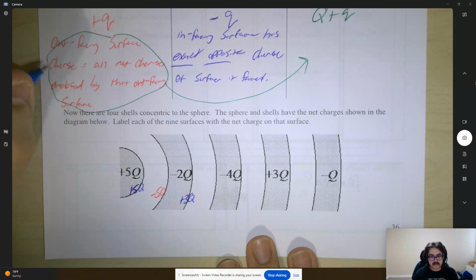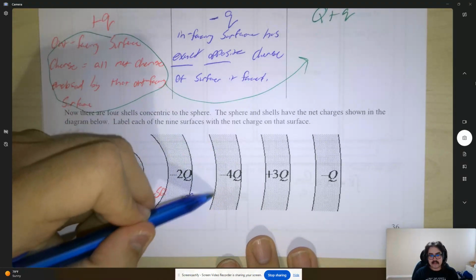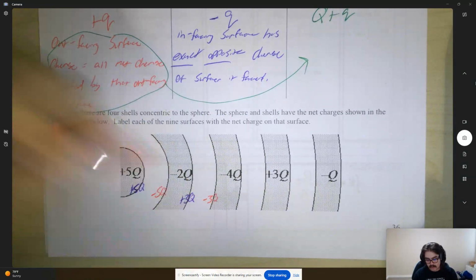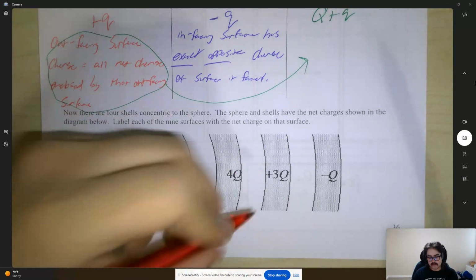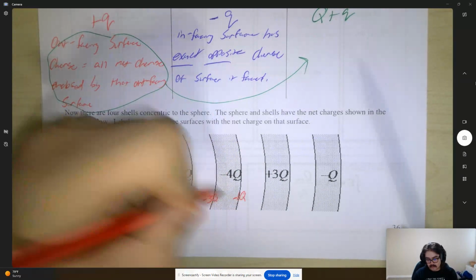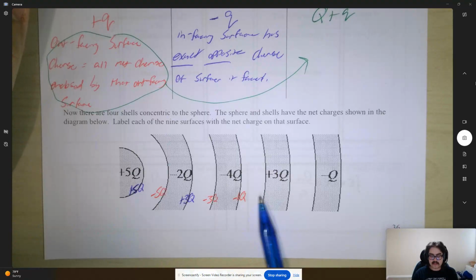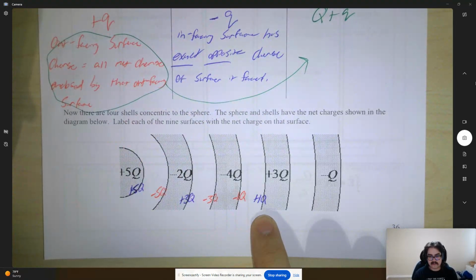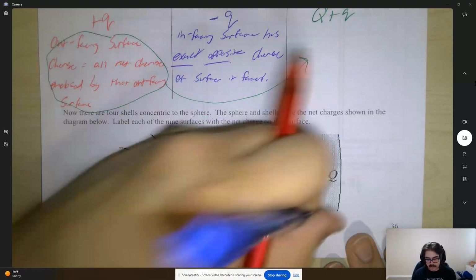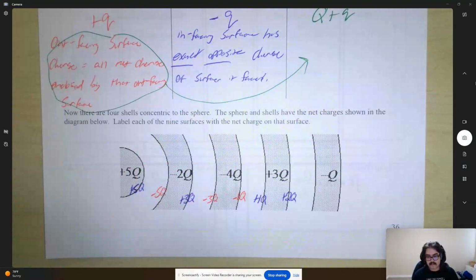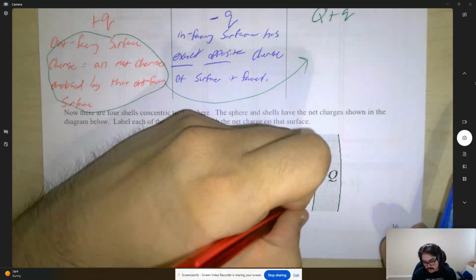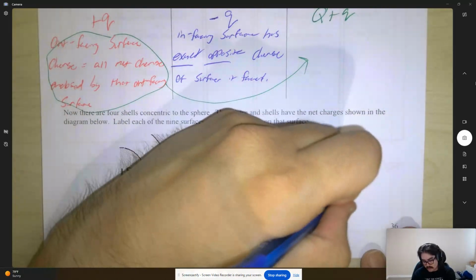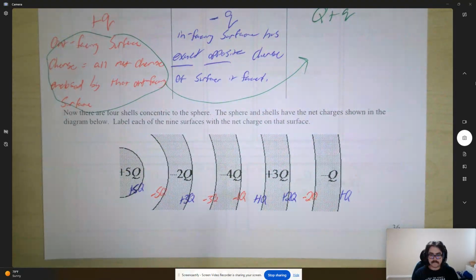And then the negative 4q shell is going to have a negative 3q right here. To get this satisfied, we need a negative 1q on the outside surface. So that's going to pull positive 1q right here, and then the outside needs to have a positive 2q. Then you'll have a negative 2q here, and at the end you have to have a positive q.